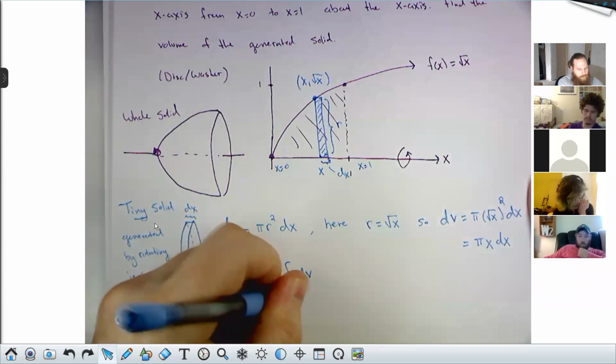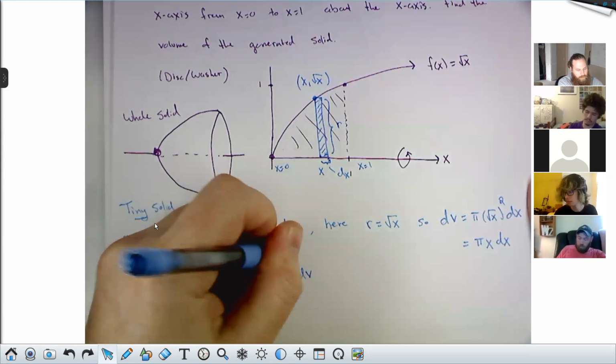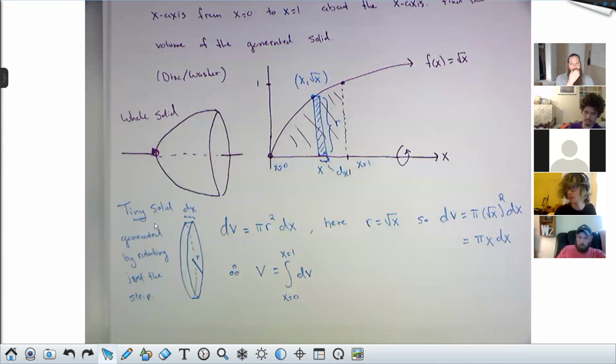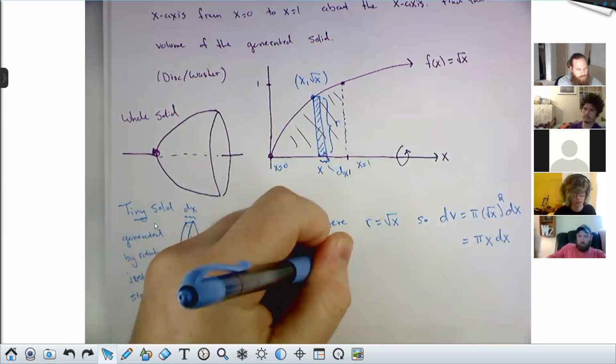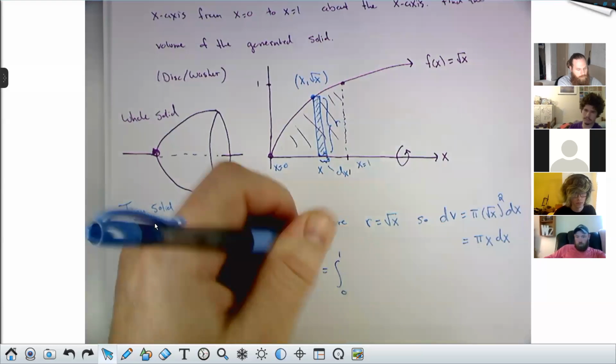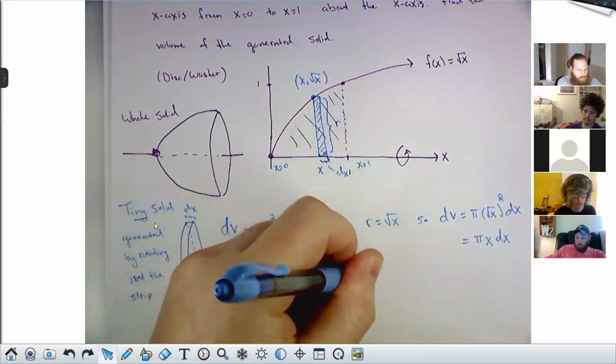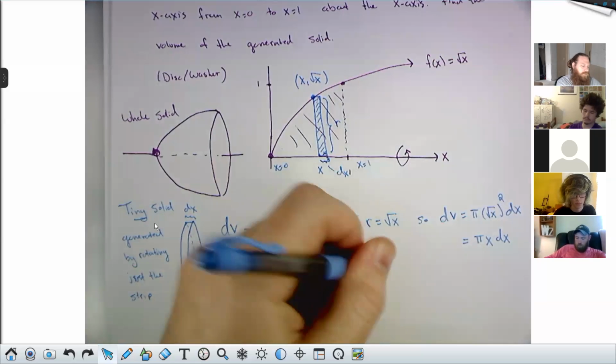So this will be the integral from x equals 0 to x equals 1 of dV. And now we can just plug things in. That's the integral from 0 to 1 of pi x dx.